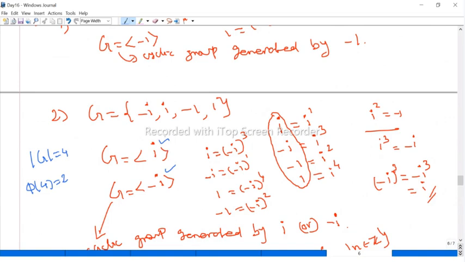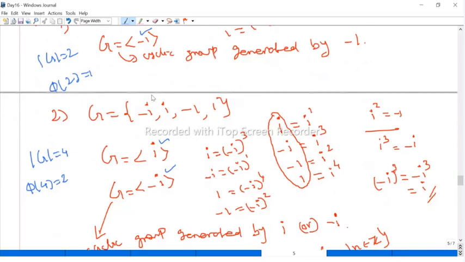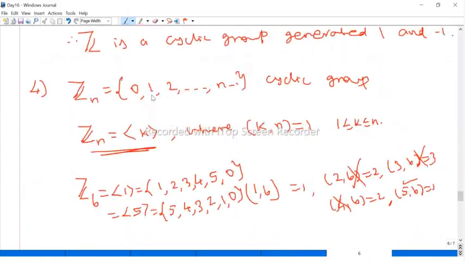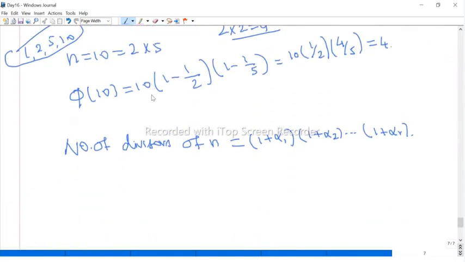In the previous first example, the order of G is 2. What is phi of 2? It is 1. We have only one generator, namely minus 1. So this is a very important thing. Maybe the question may be asked like that.